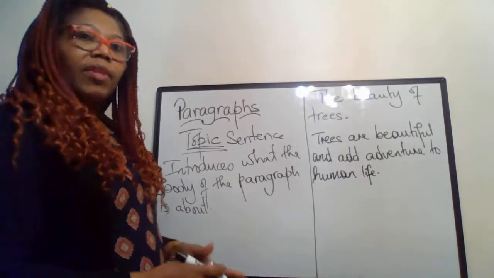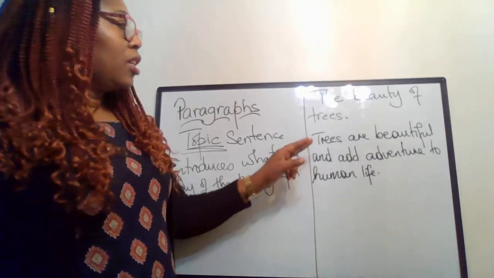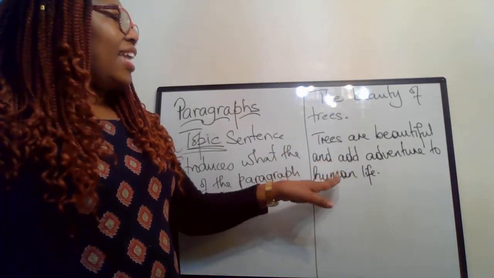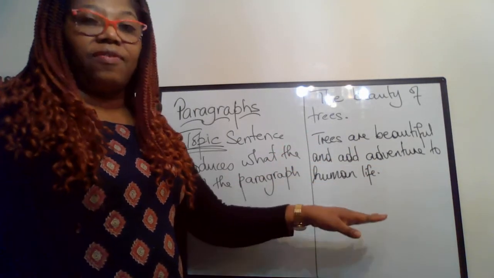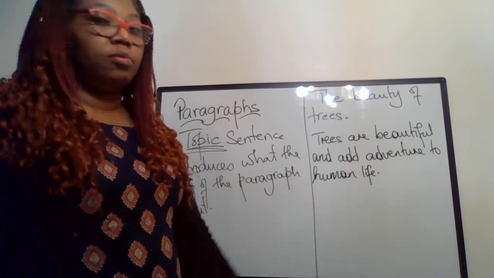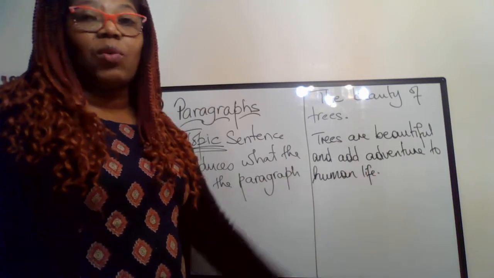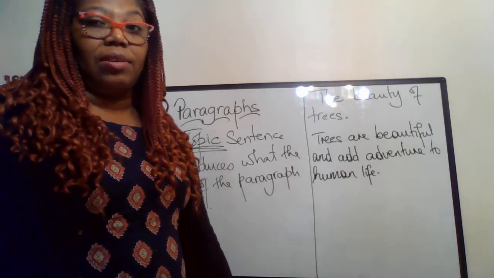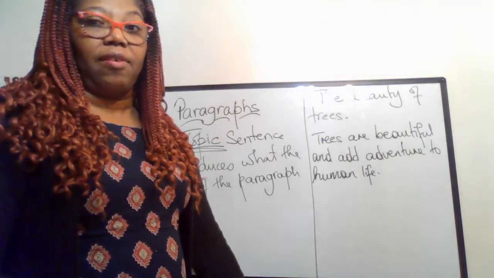Now, see my topic sentence? Trees are beautiful and add adventure to human life. Straight off, you know exactly what I'm going to talk about in the body of my paragraph.